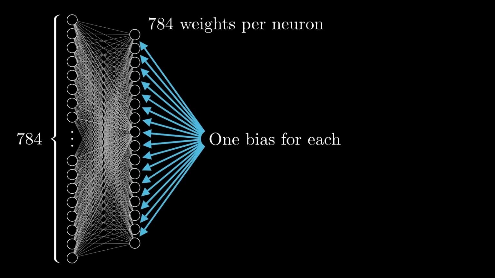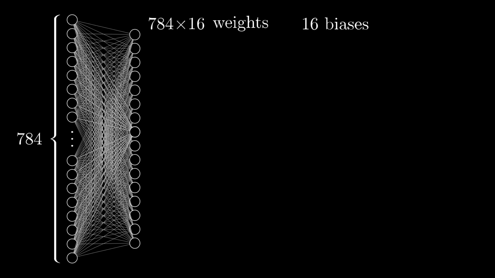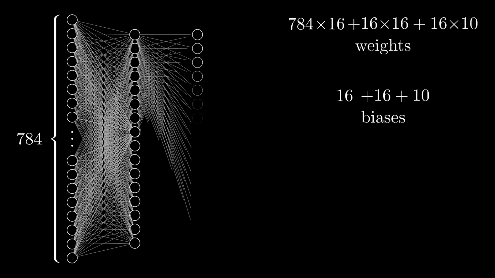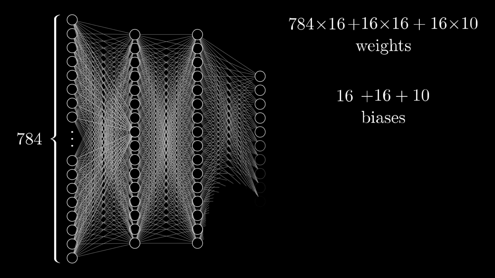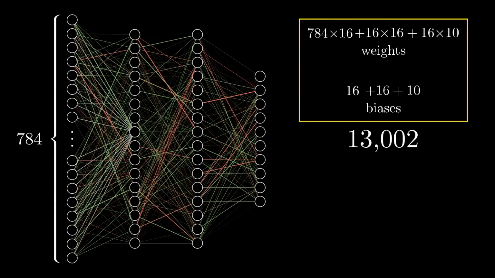With this hidden layer of 16 neurons, that's a total of 784 times 16 weights, along with 16 biases. And all of that is just the connections from the first layer to the second. The connections between the other layers also have a bunch of weights and biases associated with them. All said and done, this network has almost exactly 13,000 total weights and biases.